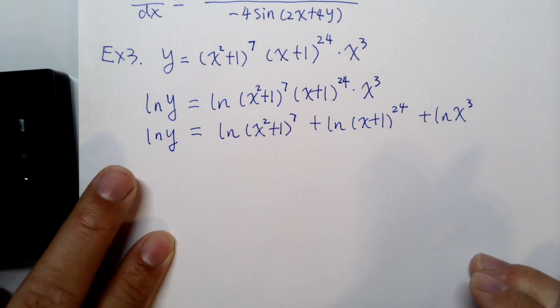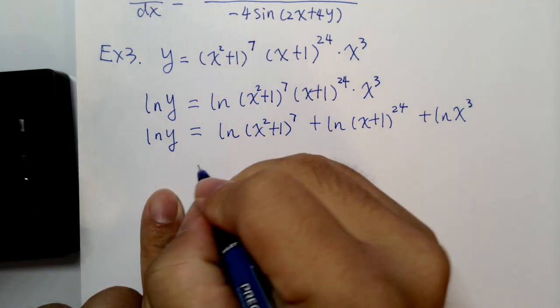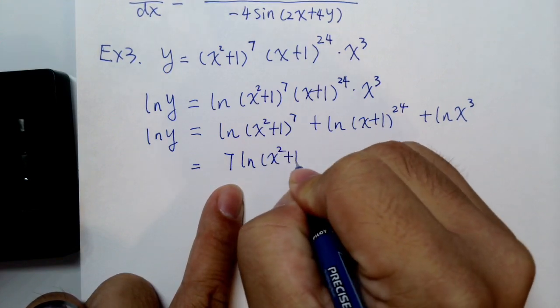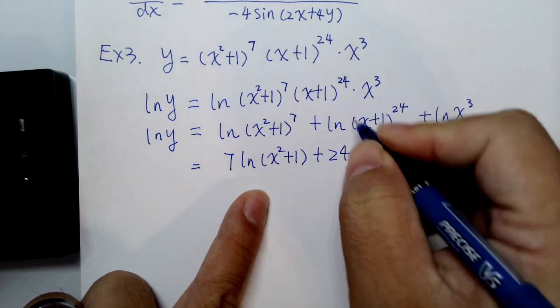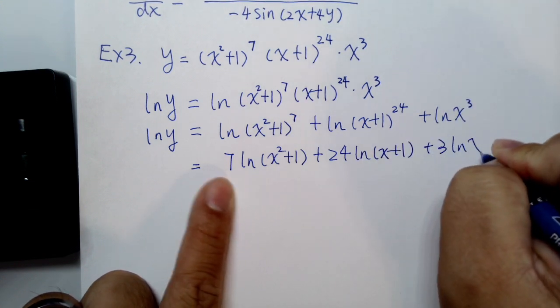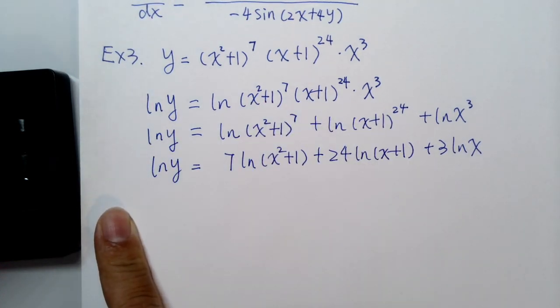The other property is that log of a to the power of b, you can bring that power outside, that is b times log of a. So on the right hand side, you can simplify into 7 ln of (x squared plus 1) plus 24 ln of (x plus 1) plus 3 ln of x. And the left hand side is still ln of y.